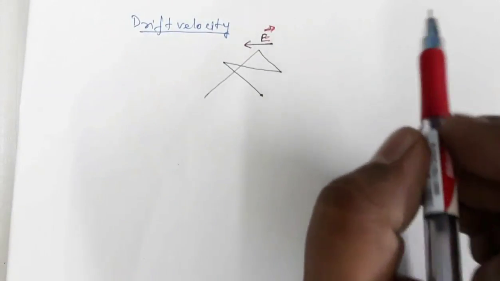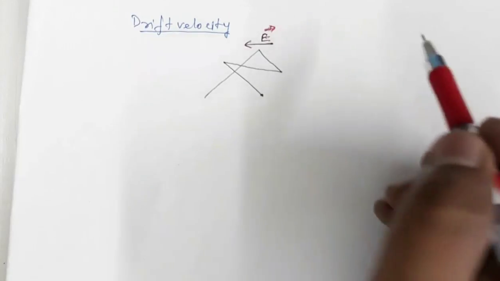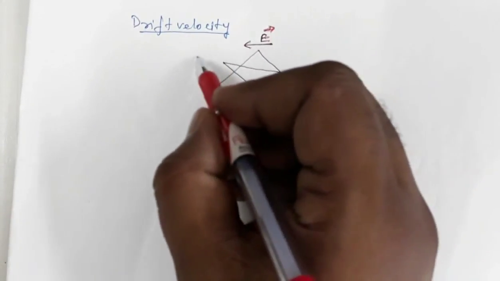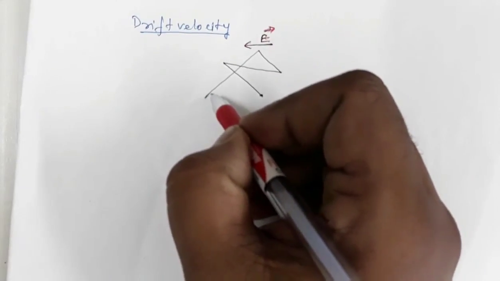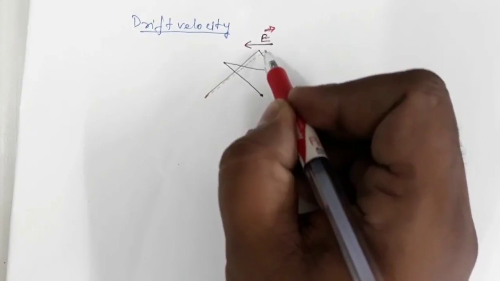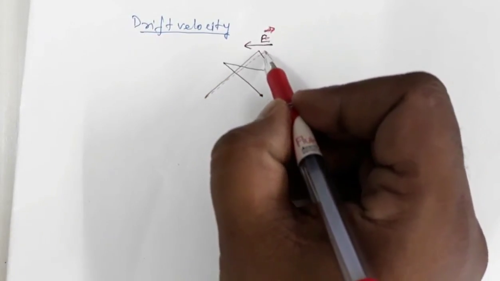Positive charge always moves in the direction of the electric field, and negative charge always moves opposite to it. So the electron will be drifted slightly opposite to the direction of the electric field, and it will take this path.